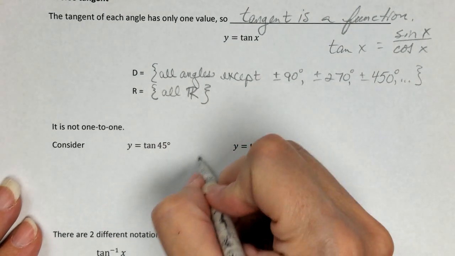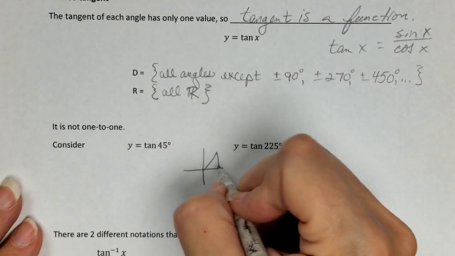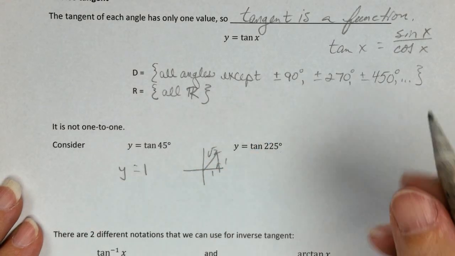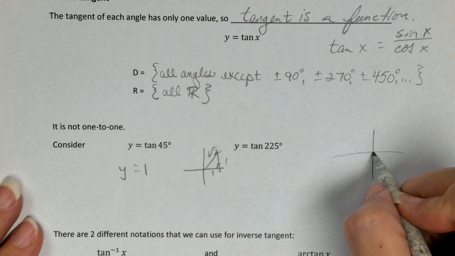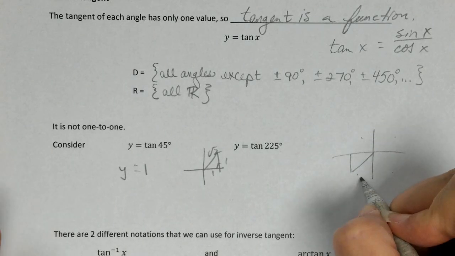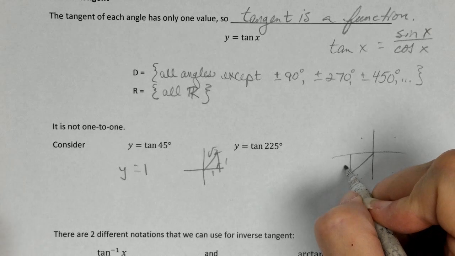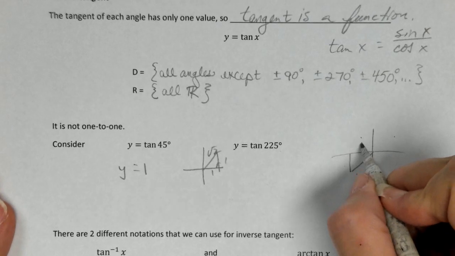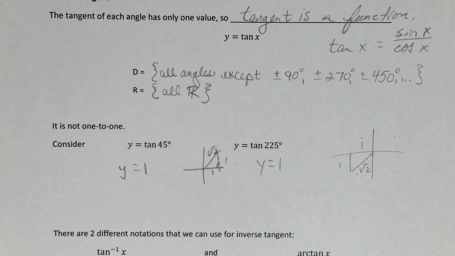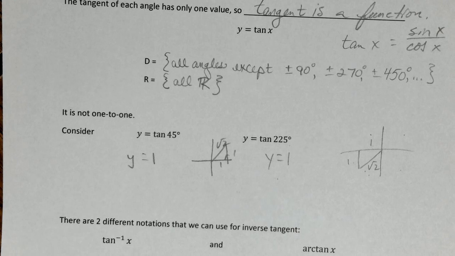Okay, so 45 degrees is right there. 1 root 2. Tangent is 1. And 225, that would be down here. All students take calculus. It's positive here as well because we have a negative over a negative. And it's still a 1 root 2, so y equals 1. That demonstrates there's more than one angle to give you that particular value of 1. So it's not one-to-one.